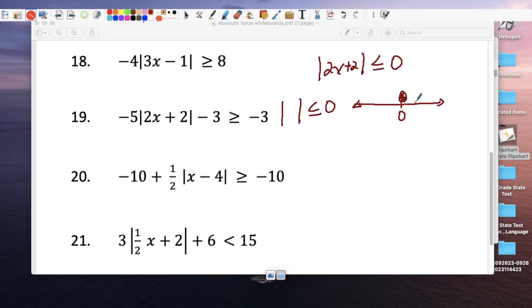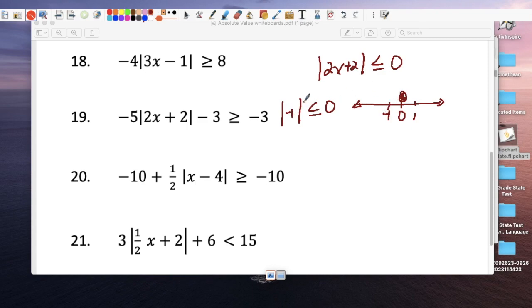What if I take the absolute value of 1? If I put a 1 here, the absolute value of 1 is 1. Is that less or equal to 0? No, it's not. So we know already that numbers to the right just don't make sense, so they're not going to work. What about numbers to the left? What if I put -1 over here?